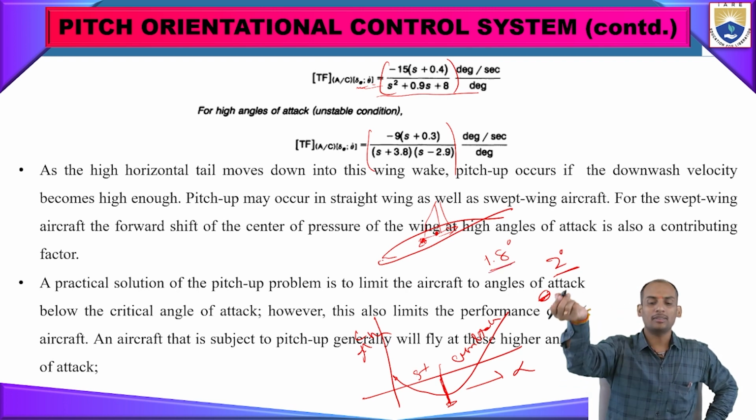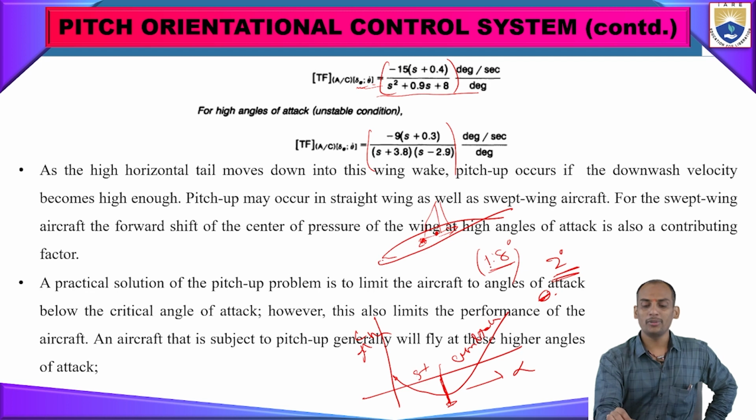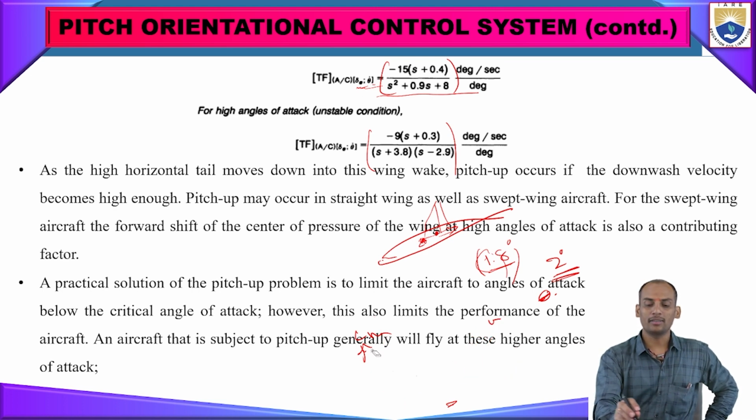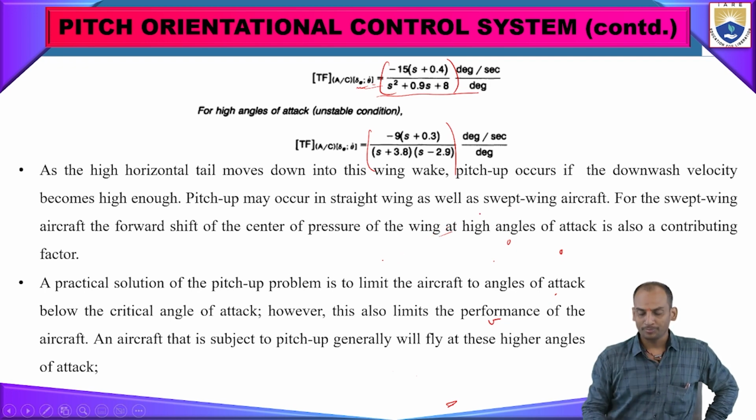It won't be greater than that. So when we give the input, it will be almost equal to 1.8 degrees only. Before reaching the critical value, the control system input is being controlled. That type of arrangement we need to give when designing the control system to overcome this problem.